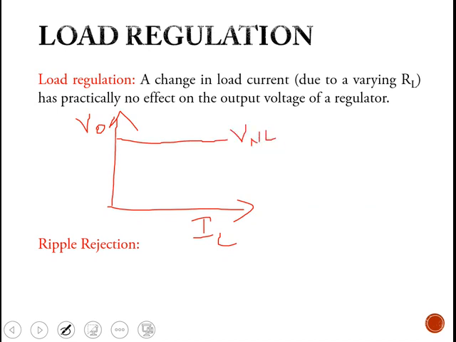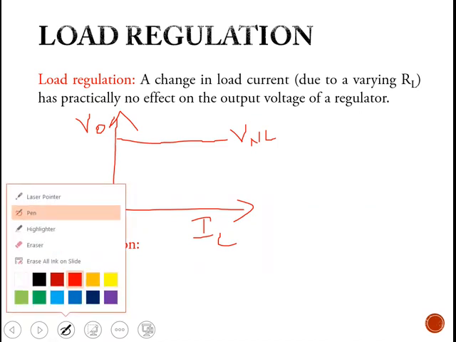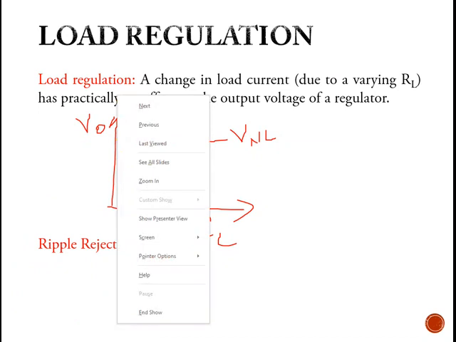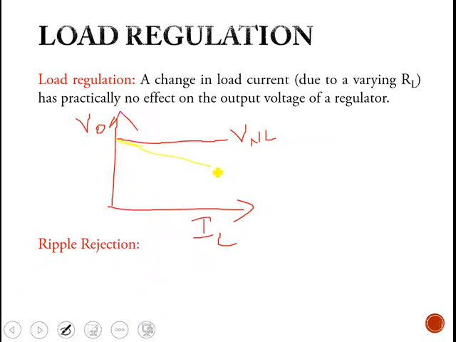Once the regulator is loaded, and if it draws the maximum current, the output voltage of the regulator will drastically reduce. This is when the regulator is loaded.